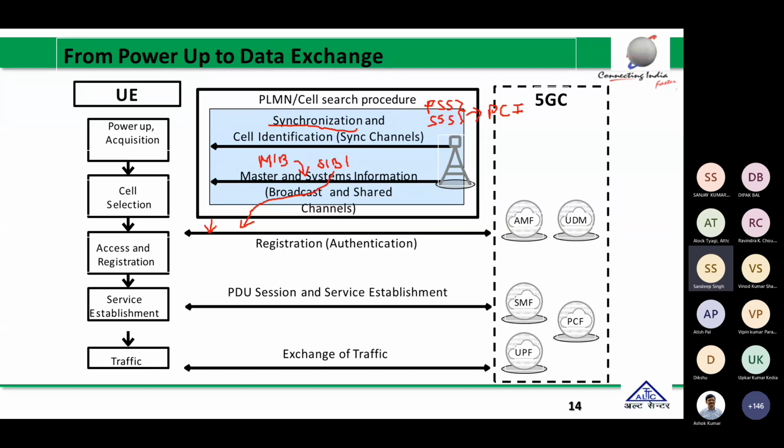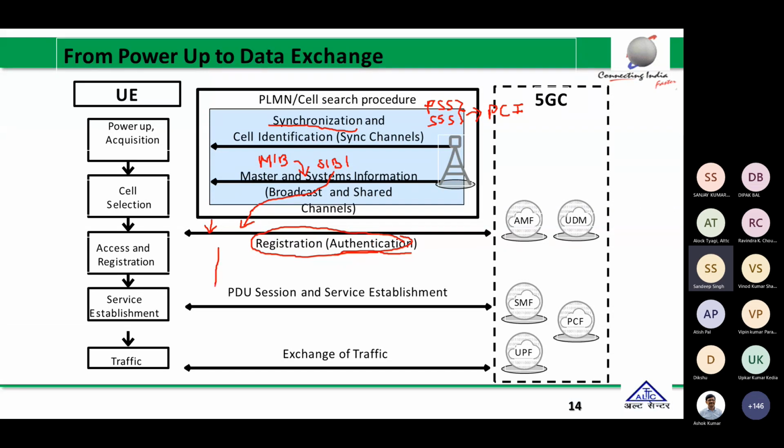And after the RACH procedure, there is a signaling connection between the UE and the gNodeB. After the RRC connection is set up, there is a registration in 5G. In the registration process, authentication and authorization also happen.